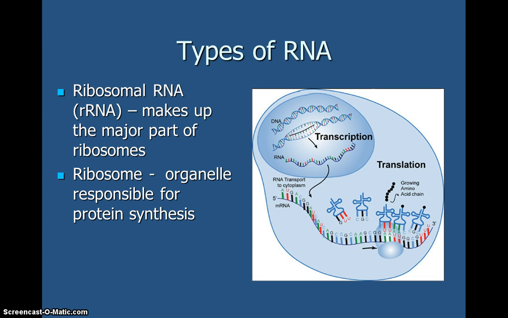The next one is going to be ribosomal RNA, also called rRNA, and that makes up major parts of the ribosomes. And the ribosomes we know is an organelle that is responsible for protein synthesis. So here are ribosomes going in and then breaking off.